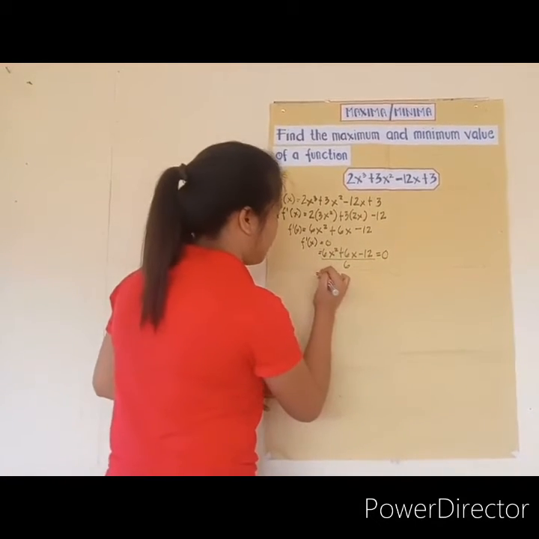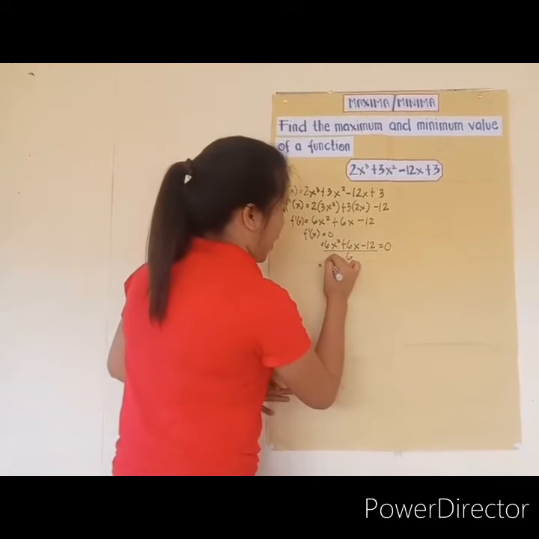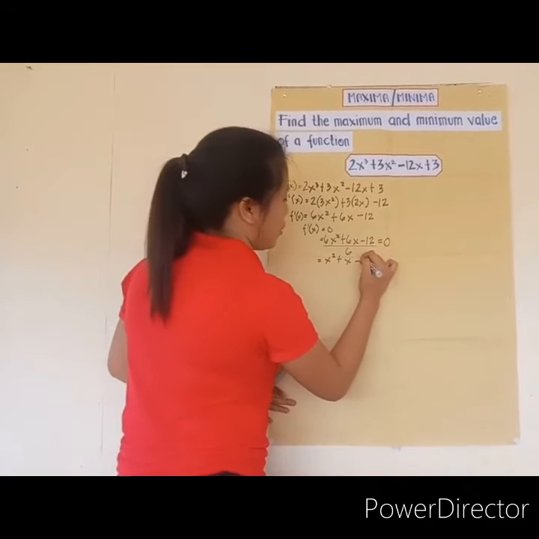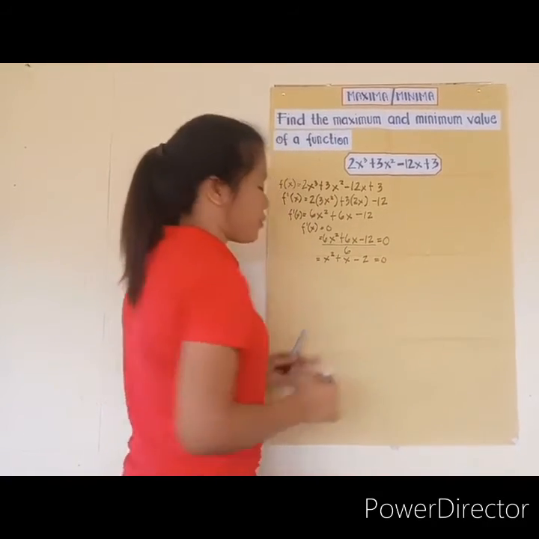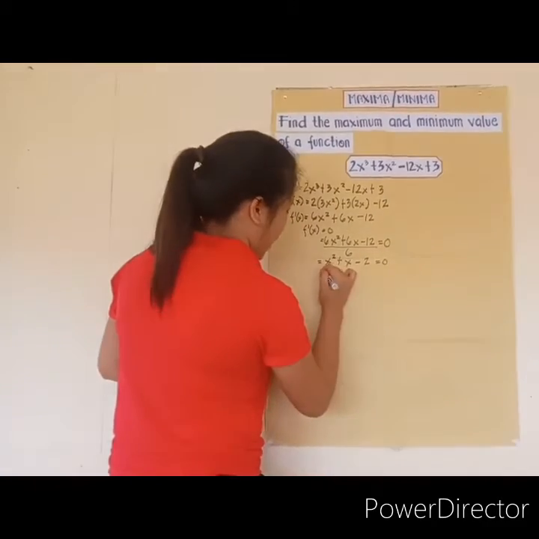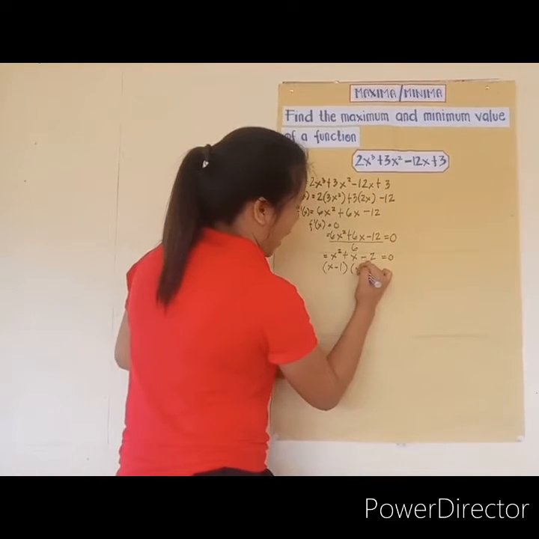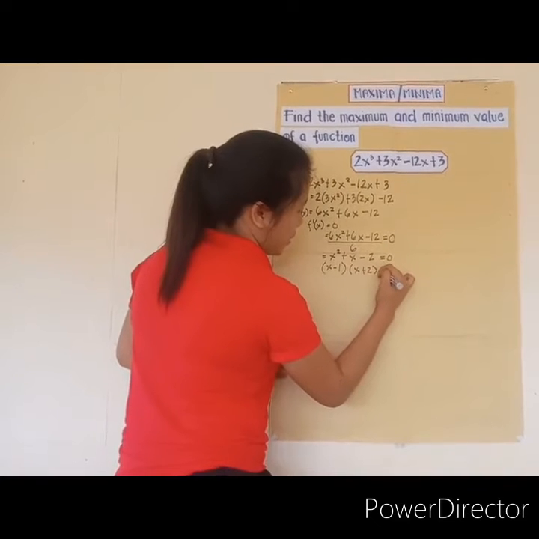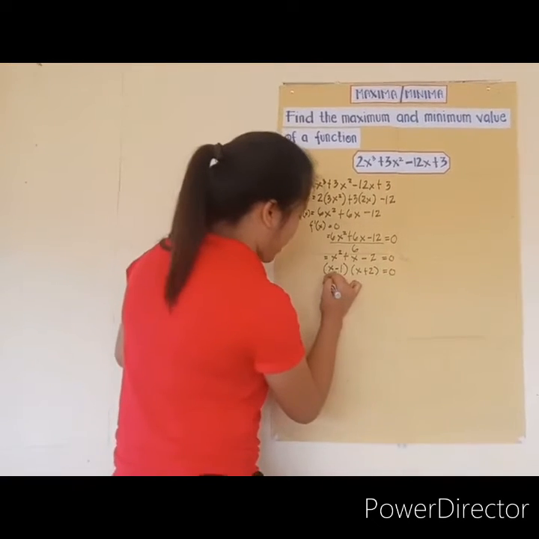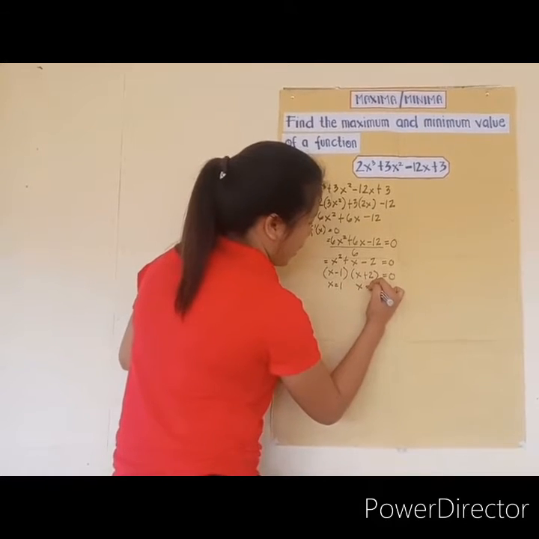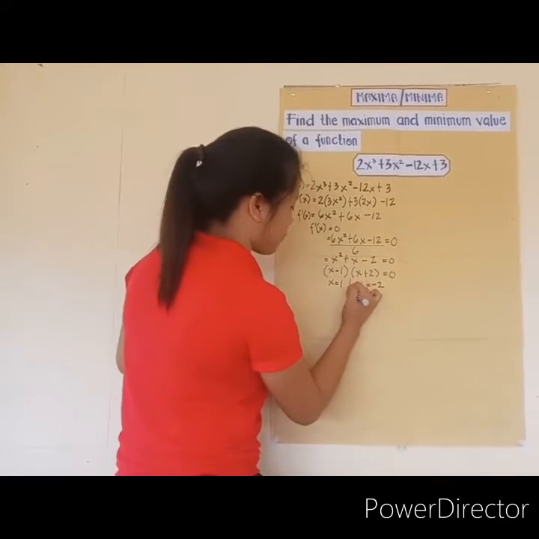It will become x squared plus x minus 2 is equal to 0. So let's factor. It will become x minus 1 times x plus 2 is equal to 0. Then x is equal to 1 and x is equal to negative 2.